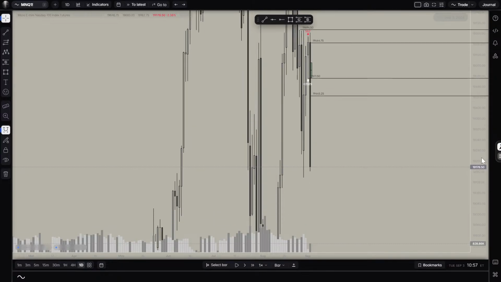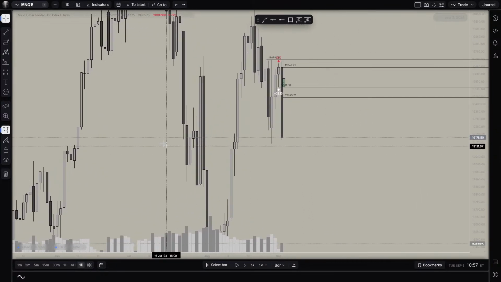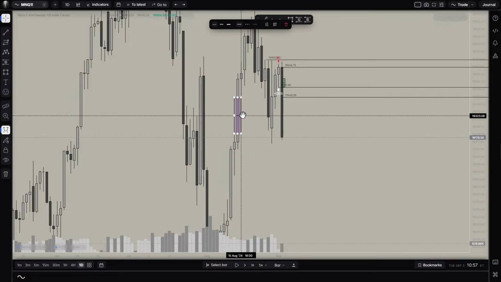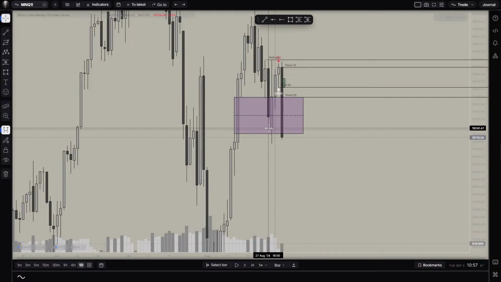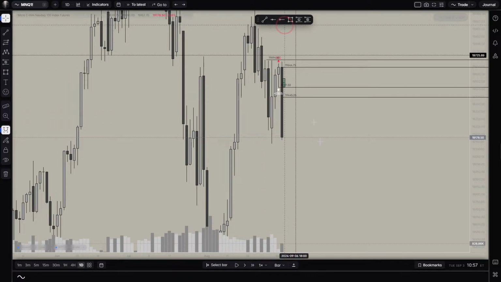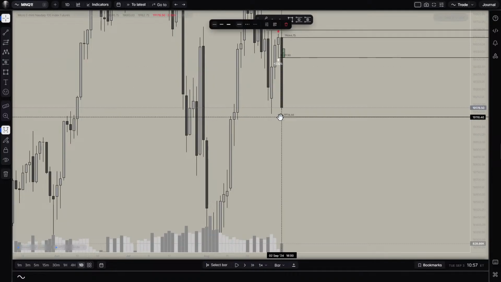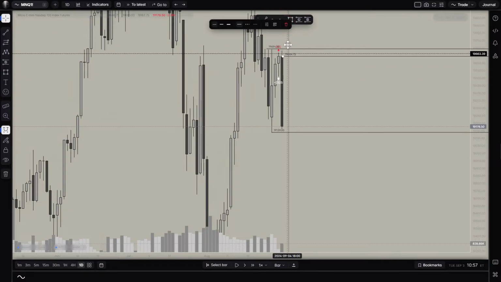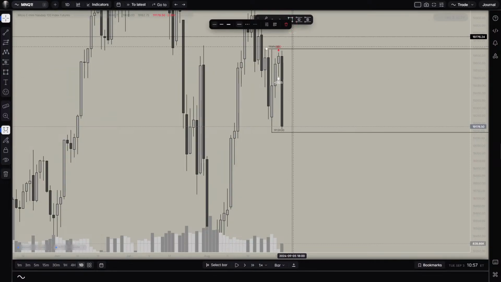Let's go to daily. Okay, we have closed this gap, which means we are completely bearish. Structure has also been taken out, but we have this low which might get taken out because price is too near.